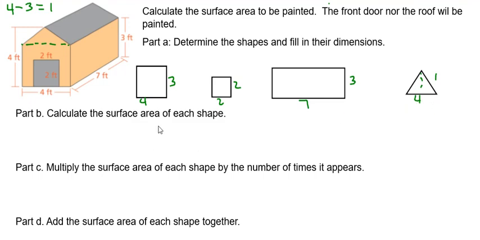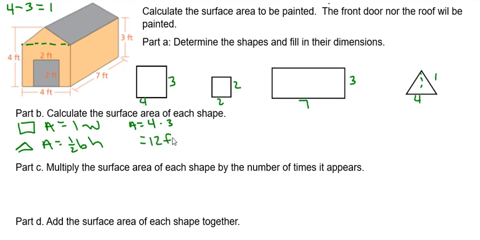Now I'm going to go ahead and calculate the surface area of each shape. So remember, for a rectangle, my surface area is equal to my length times my width. And for my triangle, my area is equal to 1/2 the base times the height. So for my first rectangle, my area is equal to 4 times 3, so length times width, which is equal to 12.